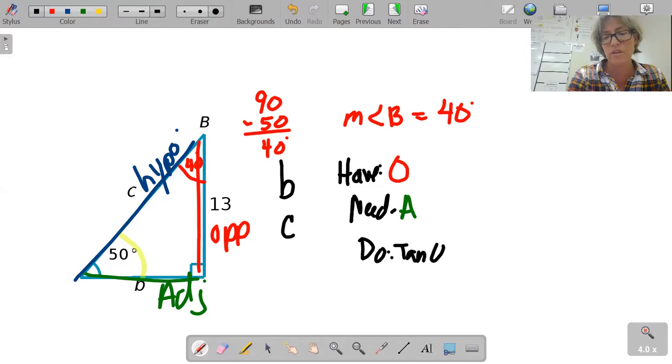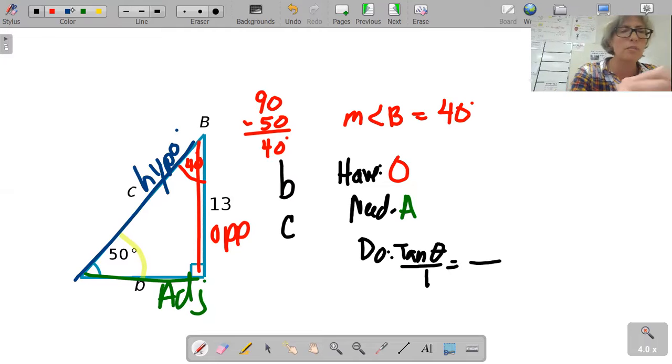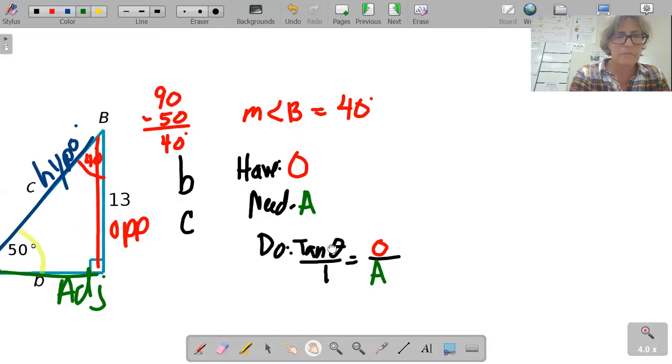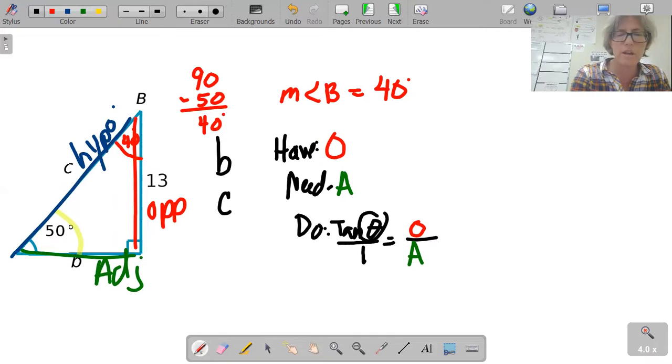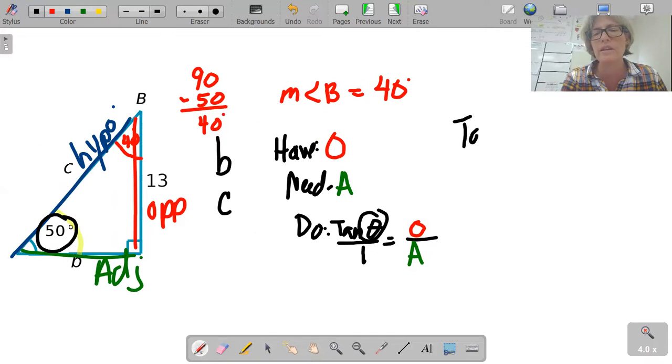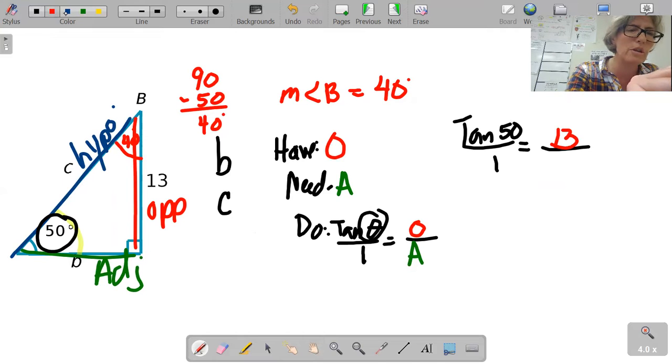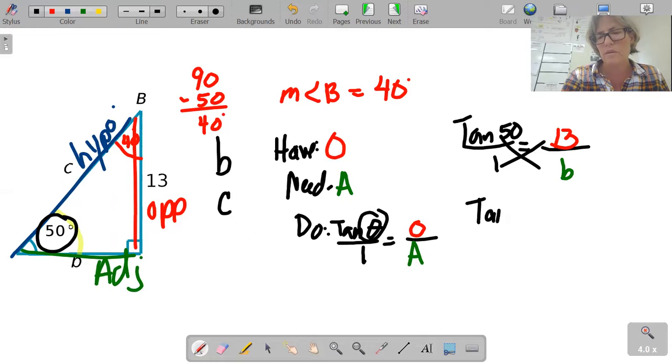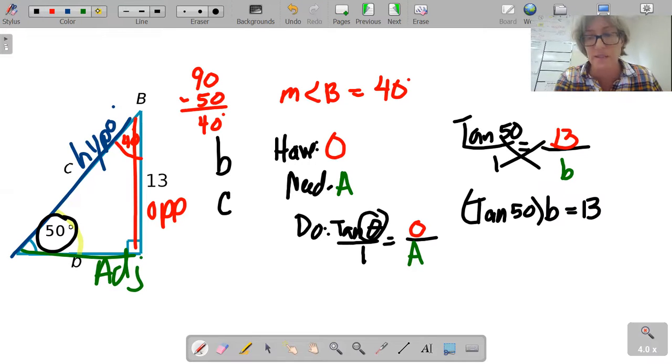So tan of theta over 1 equals opposite over adjacent. Circle, plug, chug. Our theta here, we're using 50, so tan of 50 degrees over 1 equals opposite, which is 13, over adjacent, which is our B. Cross multiply. Tan of 50 times B equals 13. Don't touch the calculator until your variable is by itself. So we're dividing by the tan of 50.